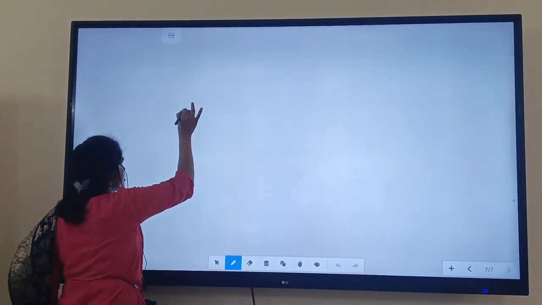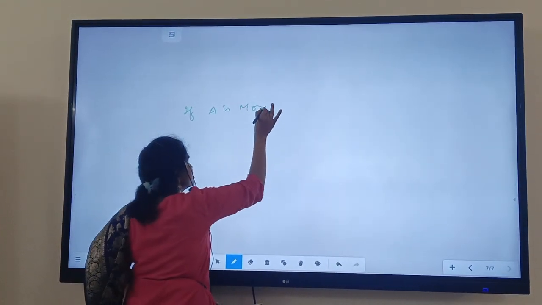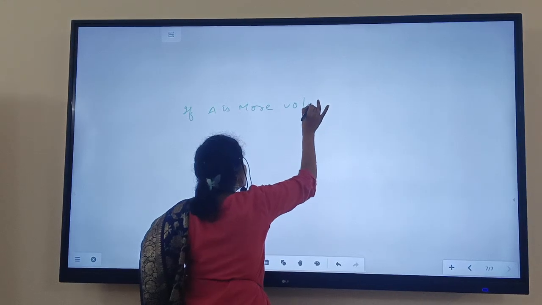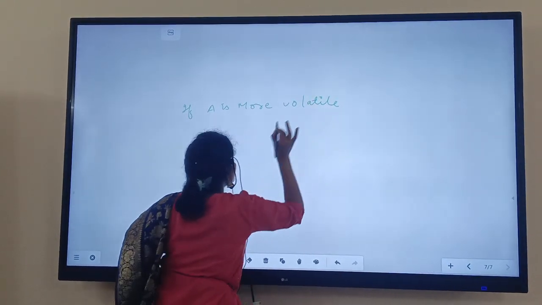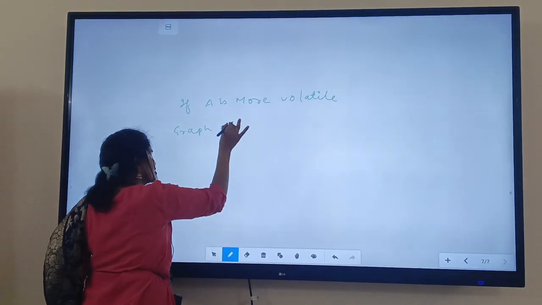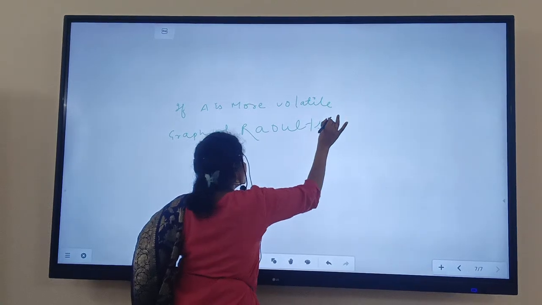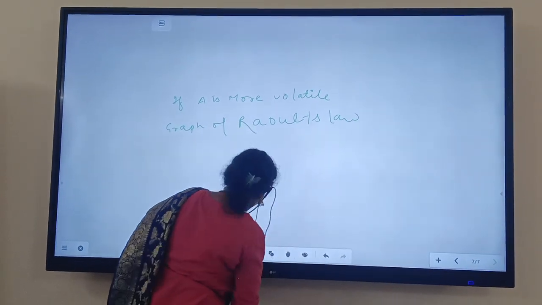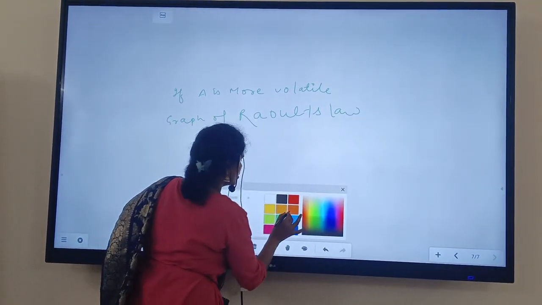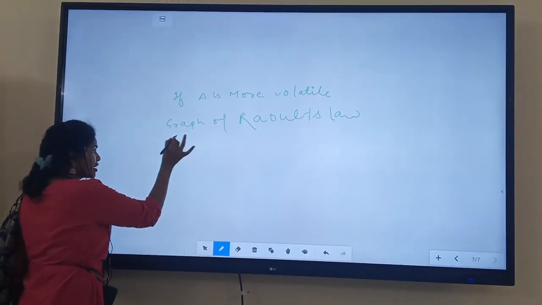Now, if A is more volatile, we will draw the graph of Raoult's law for an ideal solution.